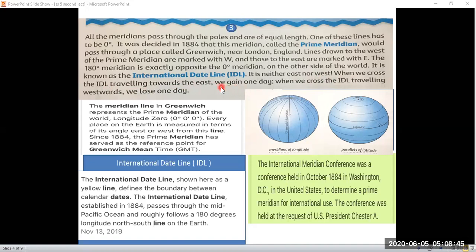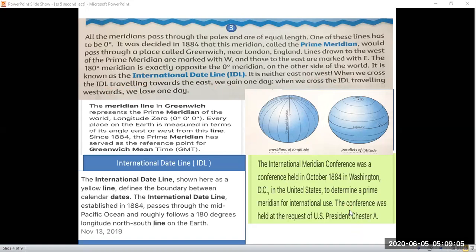If we go to the east, our days will increase. And if we go to the west, there will be night and day according to the IDL traveling system.